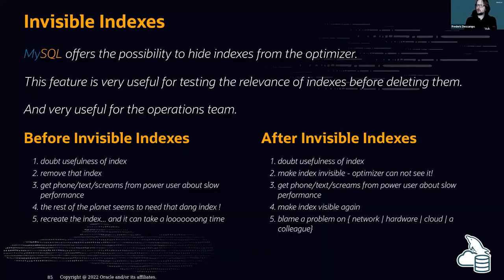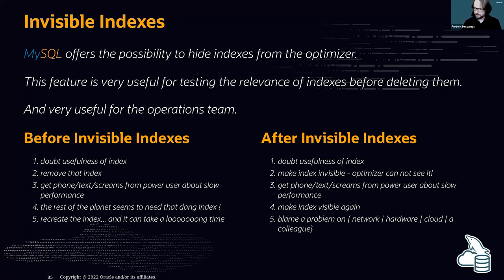MySQL also offers you the possibility to hide indexes from the optimizer. This is very useful for operators that need to operate MySQL in production, right? Because before the invisible index, you had, okay, I think this index is not useful, I will remove the index. And then somebody calls you, screams at you about the slow performance, and you need to recreate that index, and it can take a long time, of course.